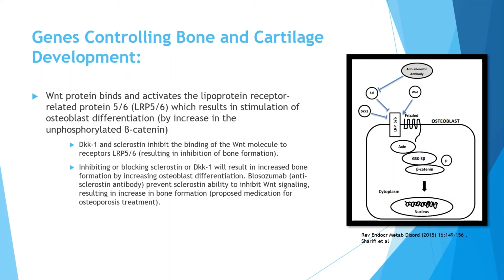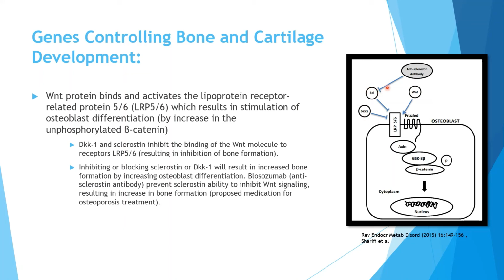There are two proteins, the DKK1 and sclerostin. These inhibit this process, which will result in inhibition of osteoblast differentiation. Now there are some trials of medications that block these two proteins, the DKK1 and sclerostin, from doing their function.